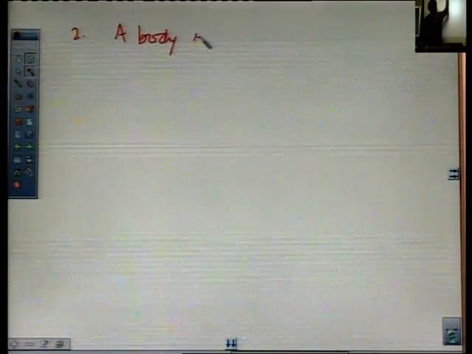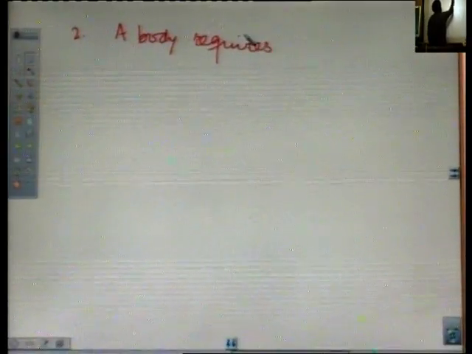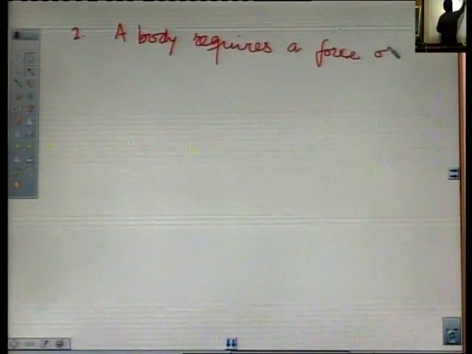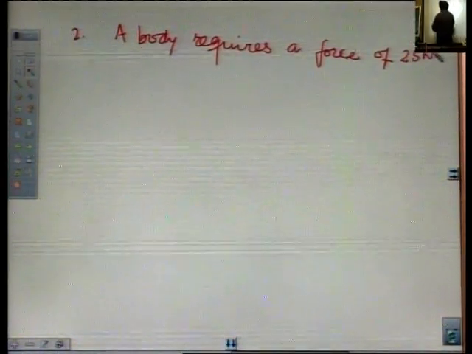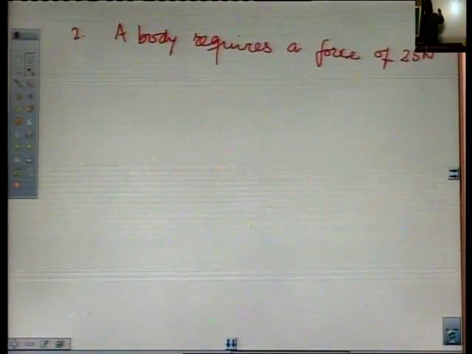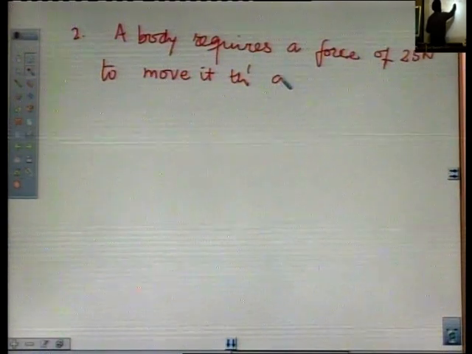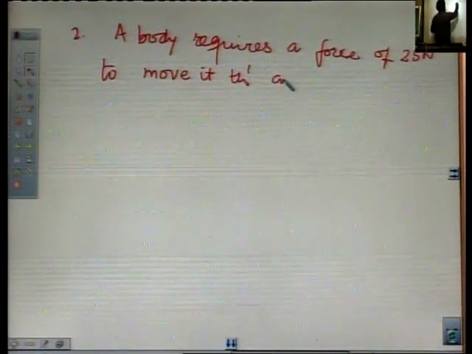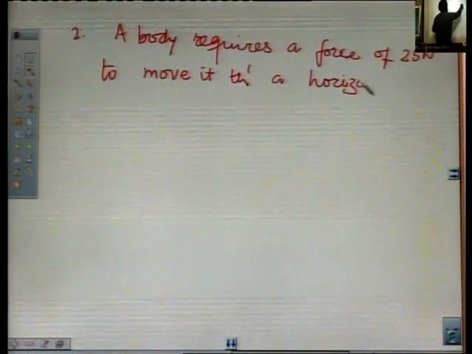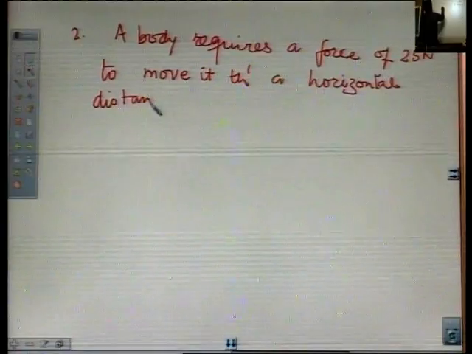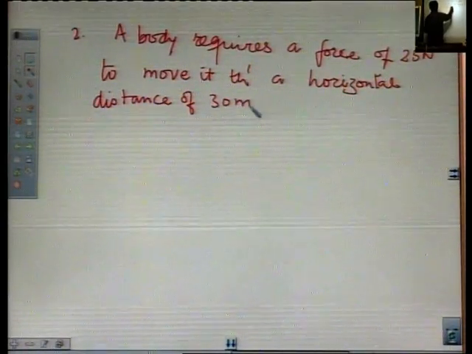Next question. A body requires a force of 25 Newton to move it through a horizontal distance of 30 meters.